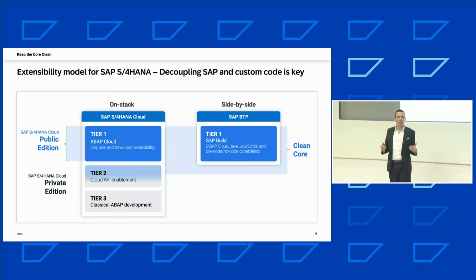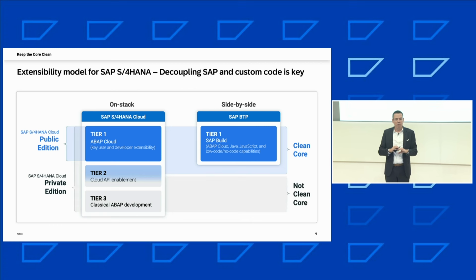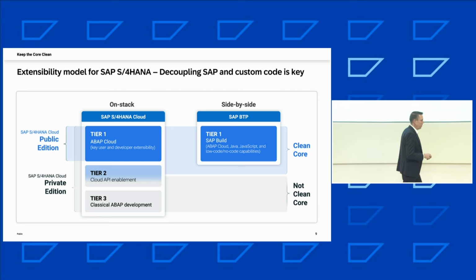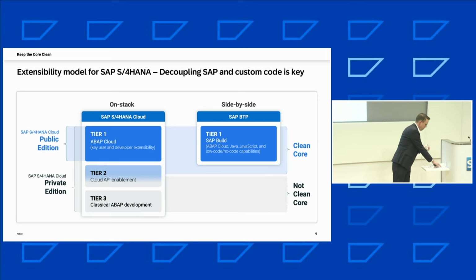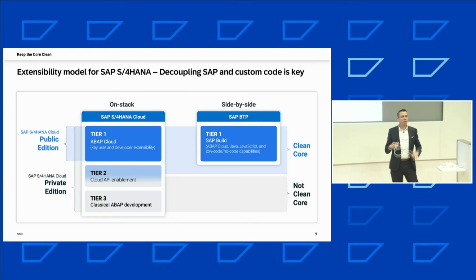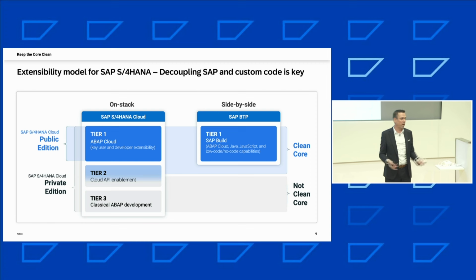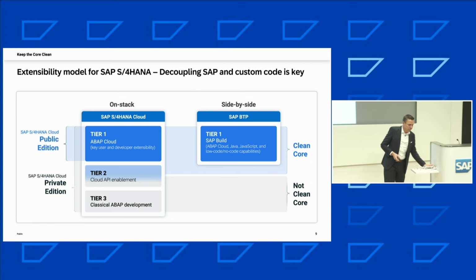And if you are a brownfield customer, then you have a lot of tier 3 classic ABAP code in your system. And this is what we consider as not clean core compliant. Why? Because it may interfere with the SAP code. So you access a certain table, you use function modules, you use classes, etc. And it's not managed, it's not governed.